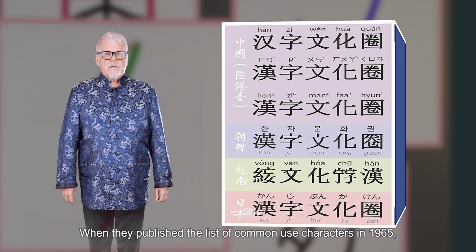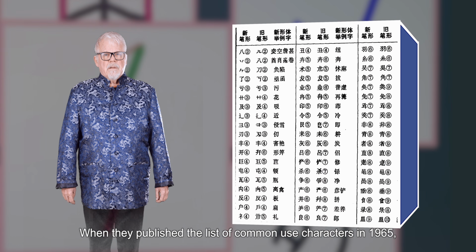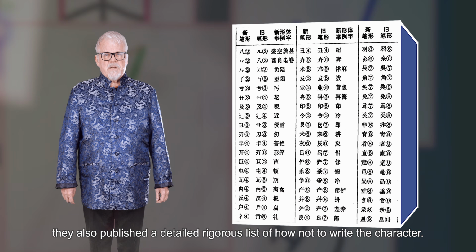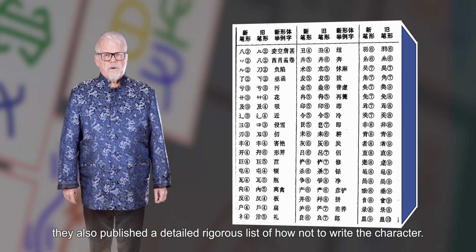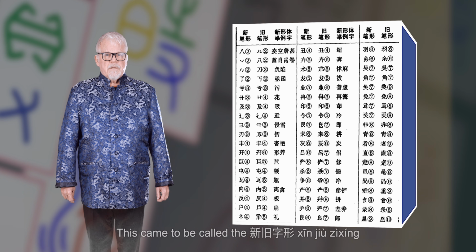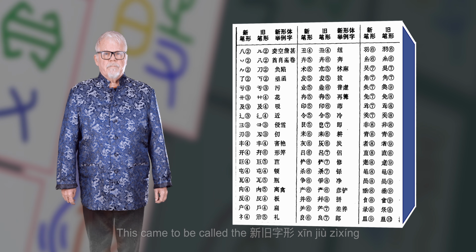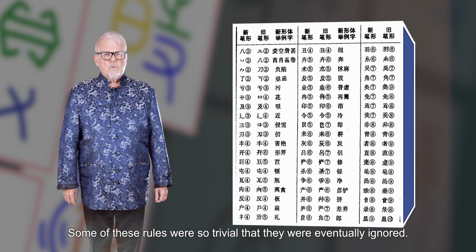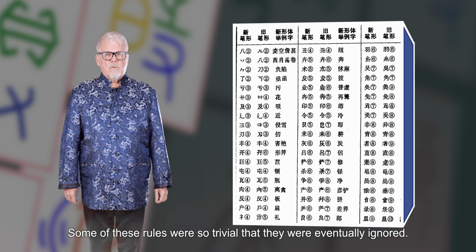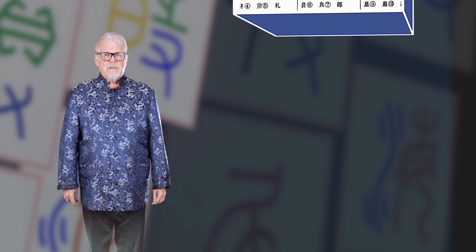When they published a list of common use characters in 1965, they also published a detailed, rigorous list of how not to write the character. This came to be called the Xinjiu Zixing, the new and old character forms.